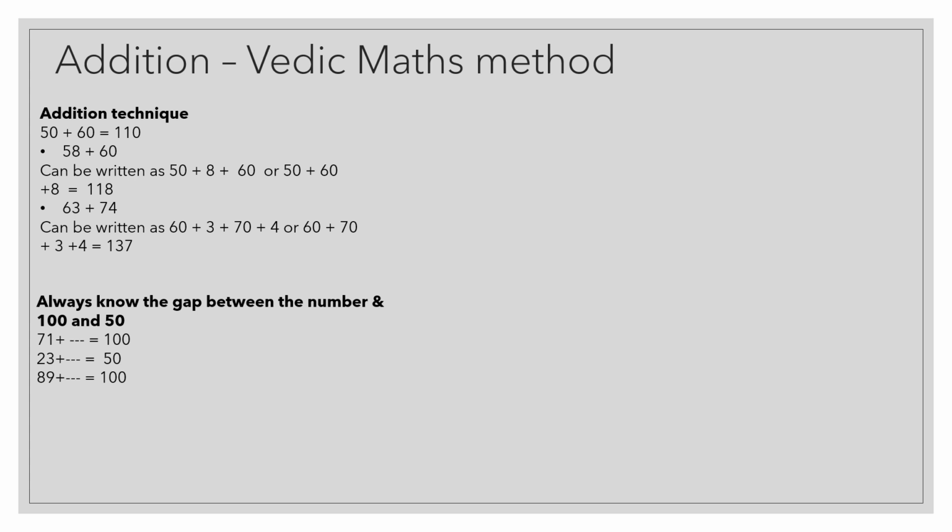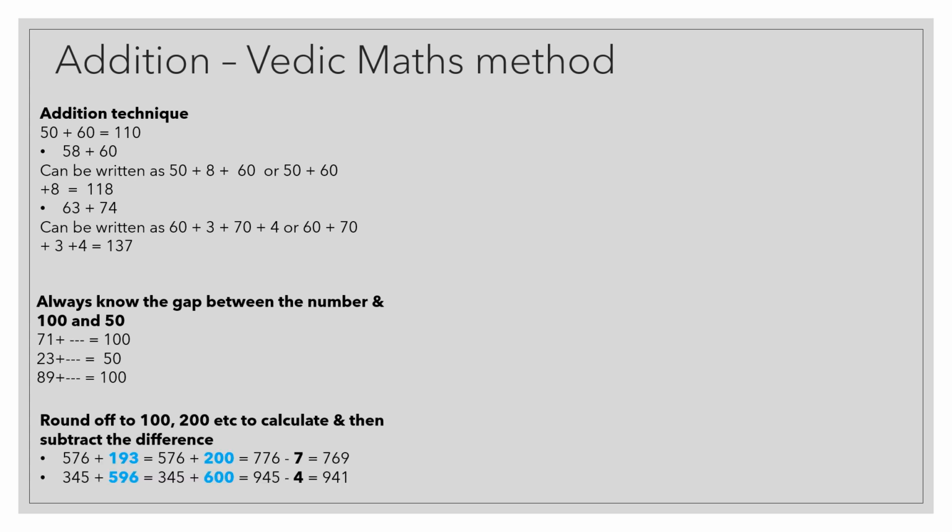In this case, 71 plus 29 is 100. Similarly, 23 plus 27 is 50. 89 plus 11 is 100. So that way we know how far the numbers are from the nearest round-off, 100 or 50s.